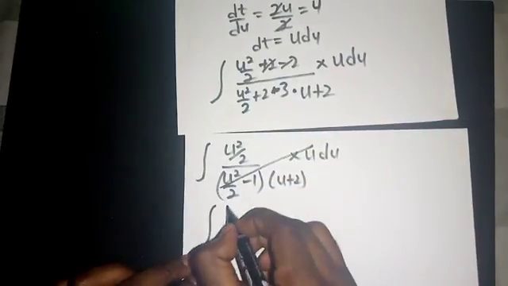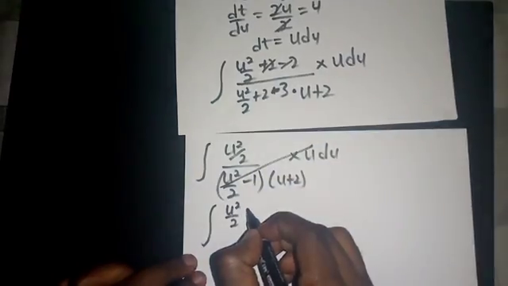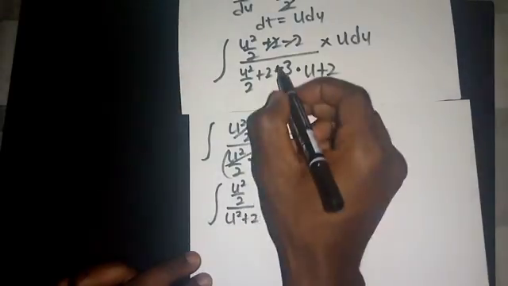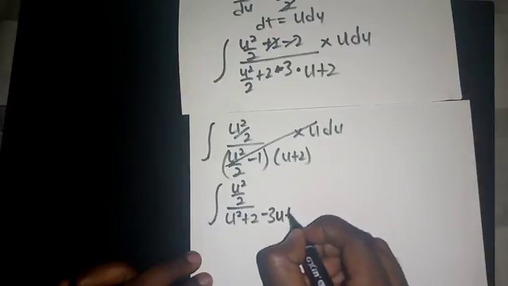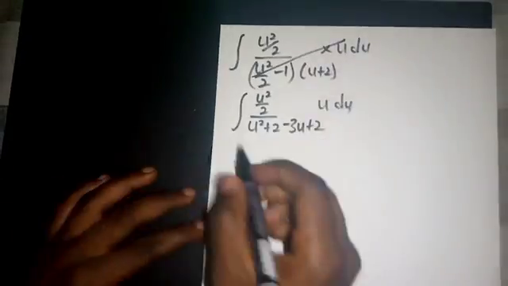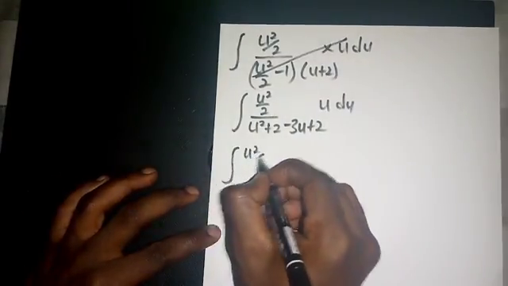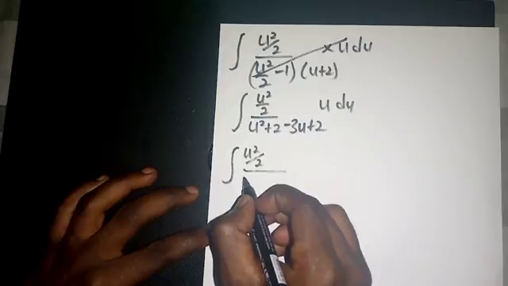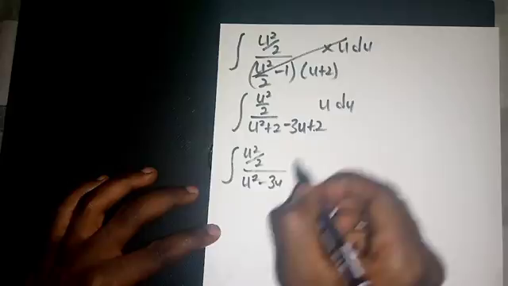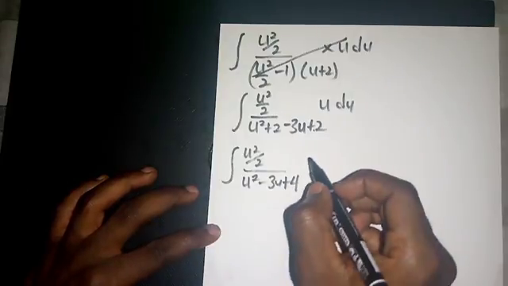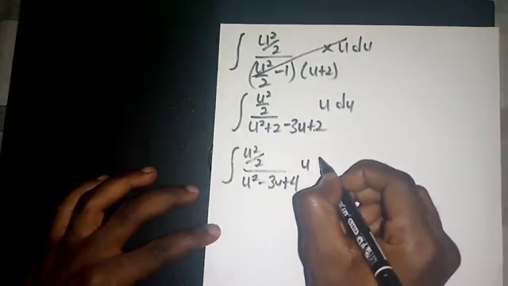Remember, minus 3 is multiplying the whole of that, so it multiplies u. So we have 3u, then plus 2, then u du. From here we have u squared divided by 2, then 2 minus 3u, then 2 plus 2 is just 4, then we still have u du.